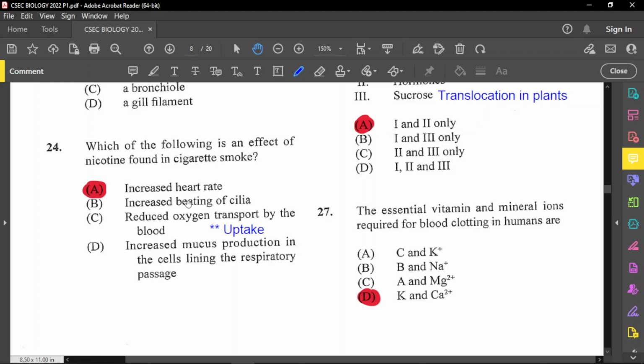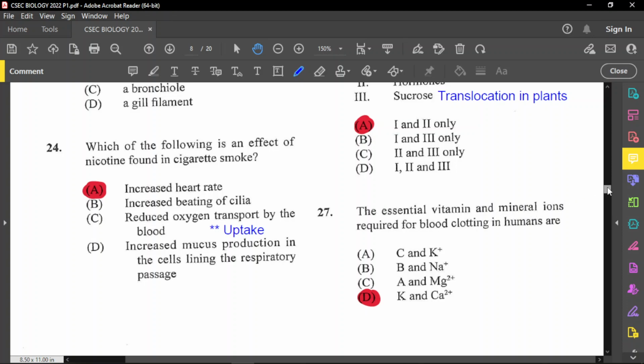And so it will affect the uptake and not the transport. So the heart rate increases to increase the transport of the oxygen. And so if they actually stated that it reduces the uptake of oxygen, then that would be the answer. But the transport is not the answer, okay? Because the increase in heart rate will compensate for the transport of the optimal amount of oxygen. Just to mention that as well.